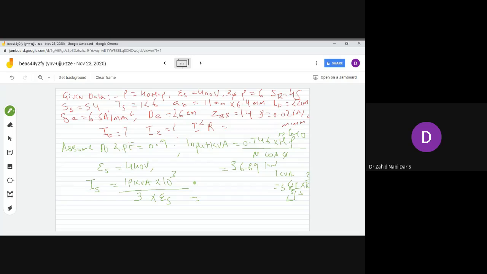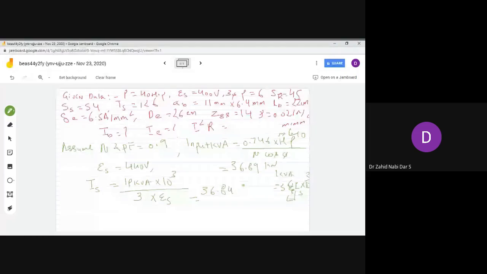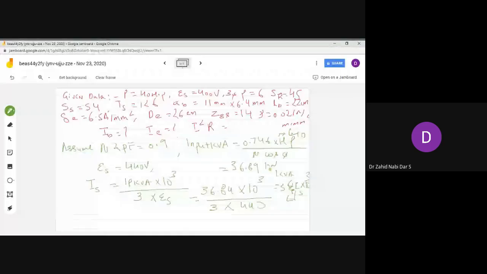So IS is 36.84 into 10 power 3 divided by 3 into ES, 440. So here you tell me the value, how much you are getting: 36.84 into 10 power 3 divided by 3 into 440.